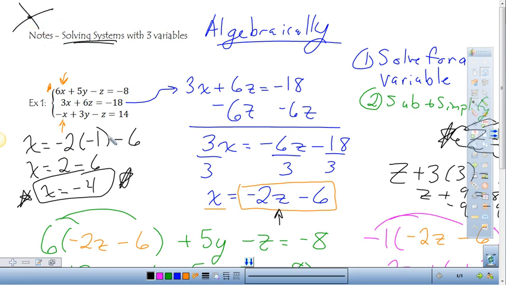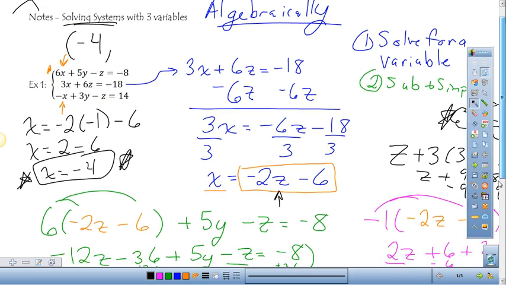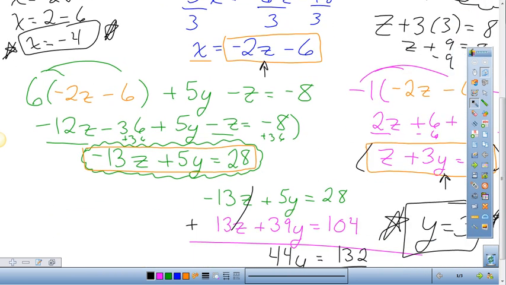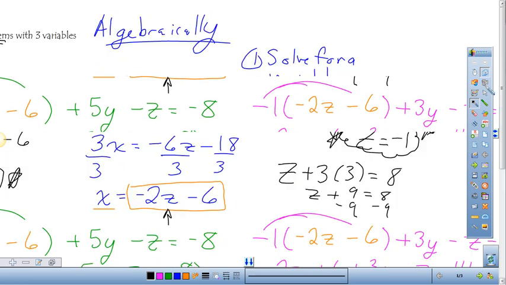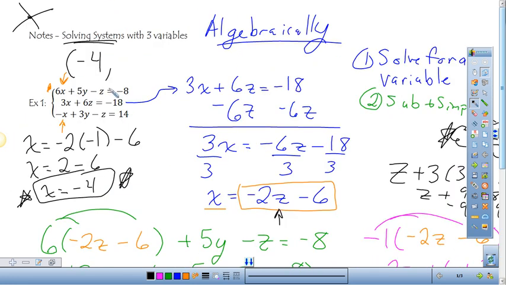This is just 3-dimensional, which we'll look at a little bit. It's kind of cool. So your answer is still a coordinate. It's still an x and a y, but then it's also a z. So my x is negative 4. My y is 3. And my z is negative 1. So negative 4, 3, negative 1. This is a final answer.